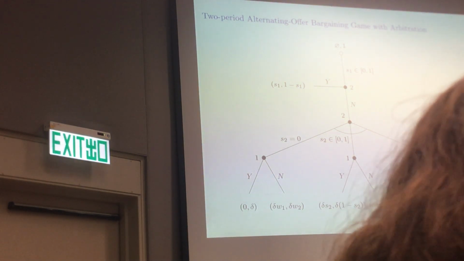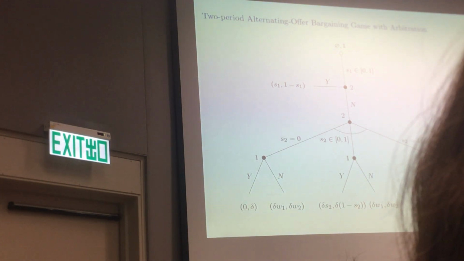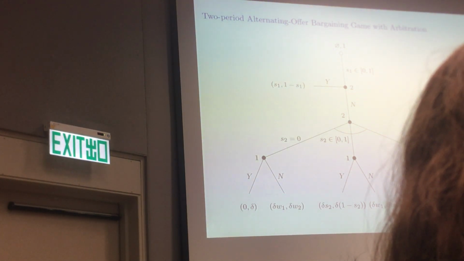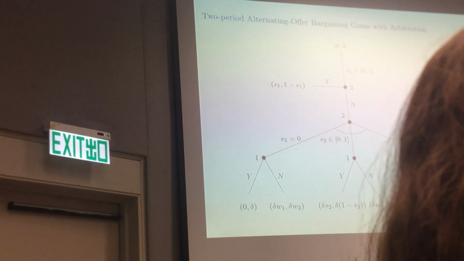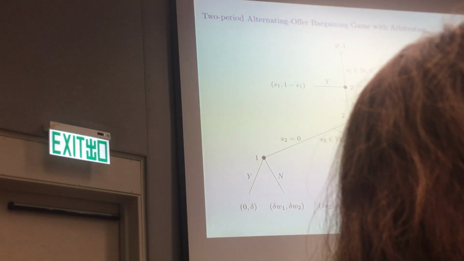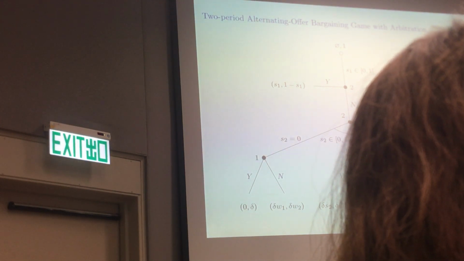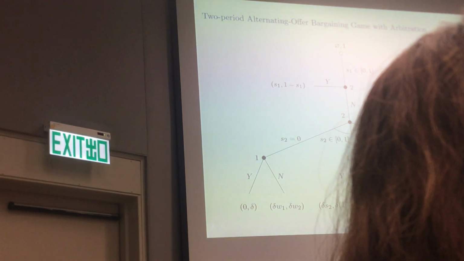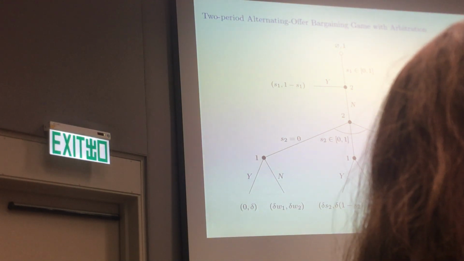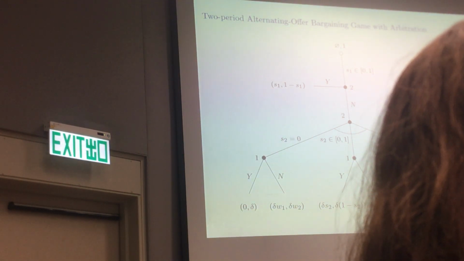In terms of a physical description of what happens there, player 2 will offer W1 for player 1, then player 1 will accept it. So at the end of the day, player 1 will enjoy a share of the pie equal to W1, and player 2 will enjoy 1 minus W1.